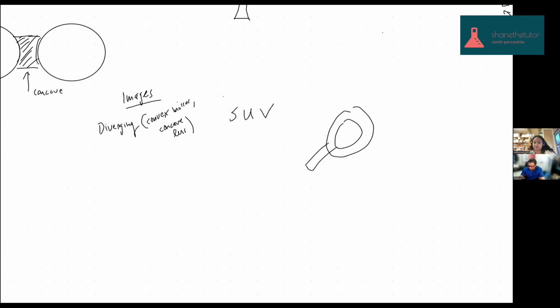So okay, a real image is something that can be projected, and not just projected, but its projected image could be treated as an object for another lens. Let me start with the example of a magnifying glass. When you burn something with a magnifying glass, the object is the sun.